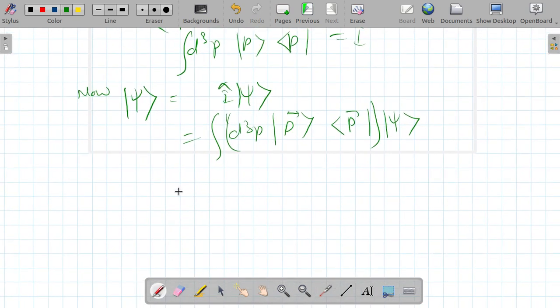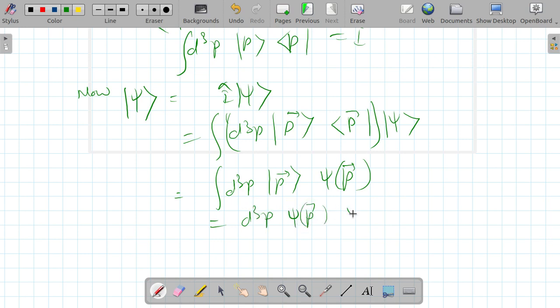Now it is simply written as the integral of d cube p, ket p, psi of p, as we did earlier. Sometimes it is written as d cube p psi tilde of p.